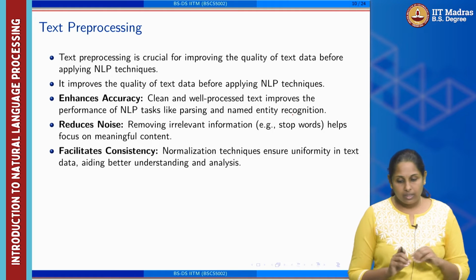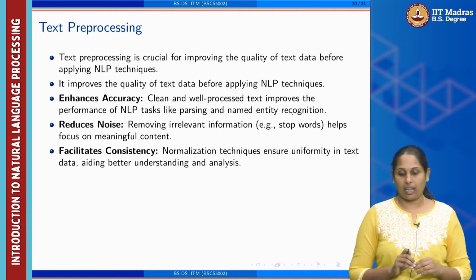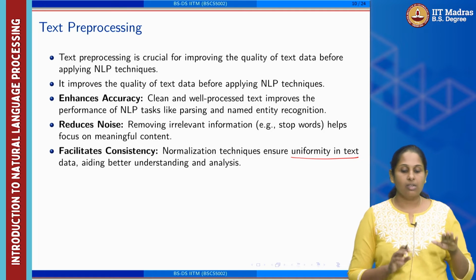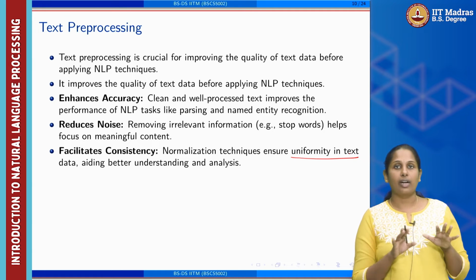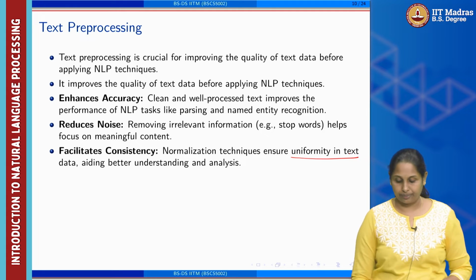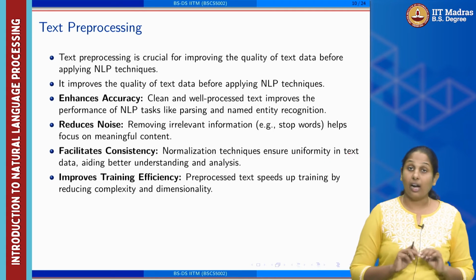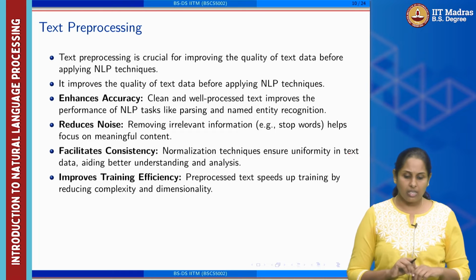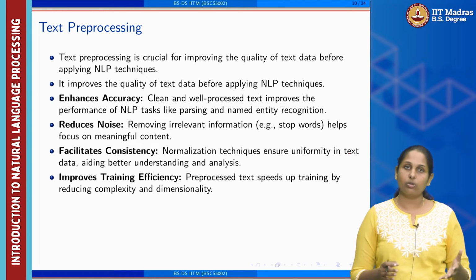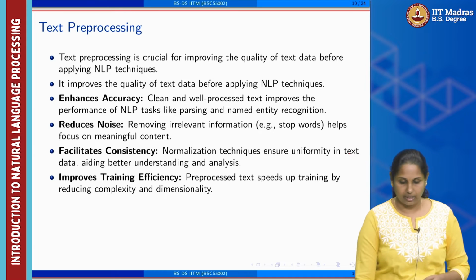Right. Some of the normalization techniques ensure that there is uniformity in text, so the data is better understood and can be better analyzed, interpreted and generated. It also improves training efficiency, because pre-processed text speeds up our training by reducing its complexity and dimensionality.